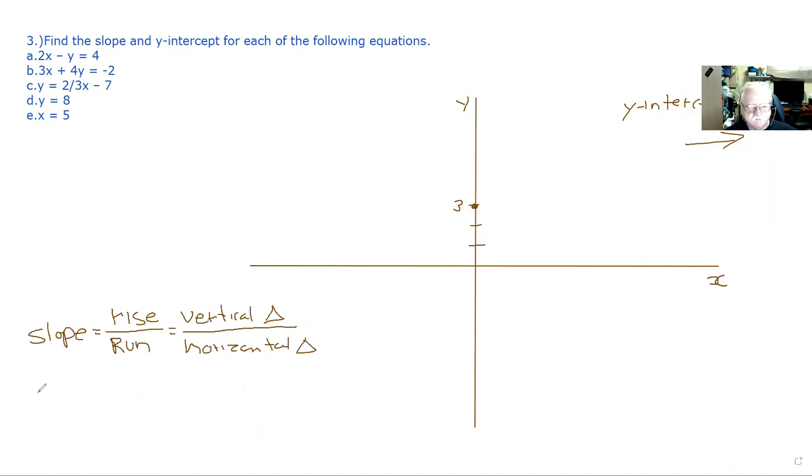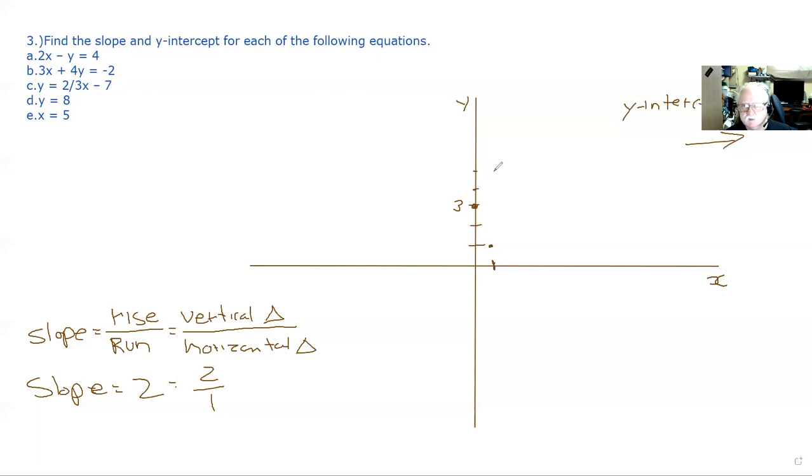And so if they told us the slope equaled 2, we would put it over 1, so 2 over 1, and we'd basically say that for every 1 the line went in this direction, it would come down 2. Oh no, sorry, it's a positive slope.